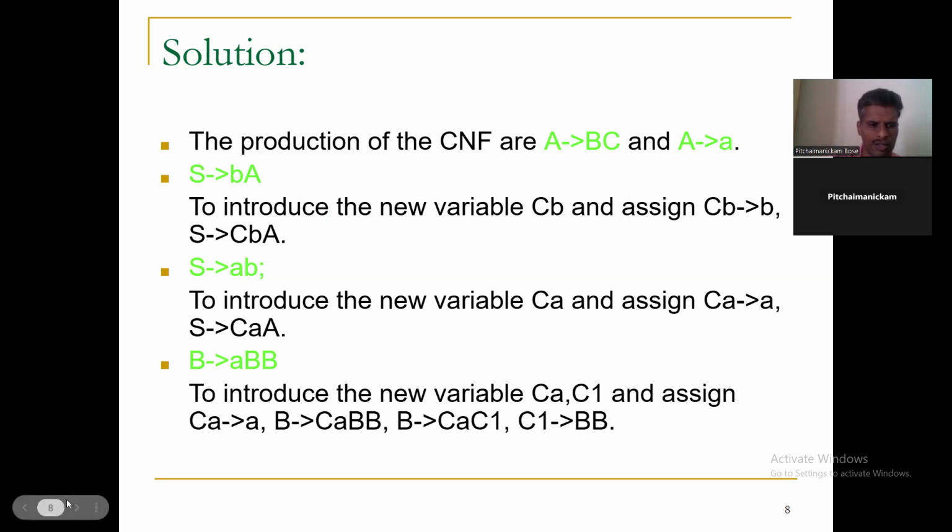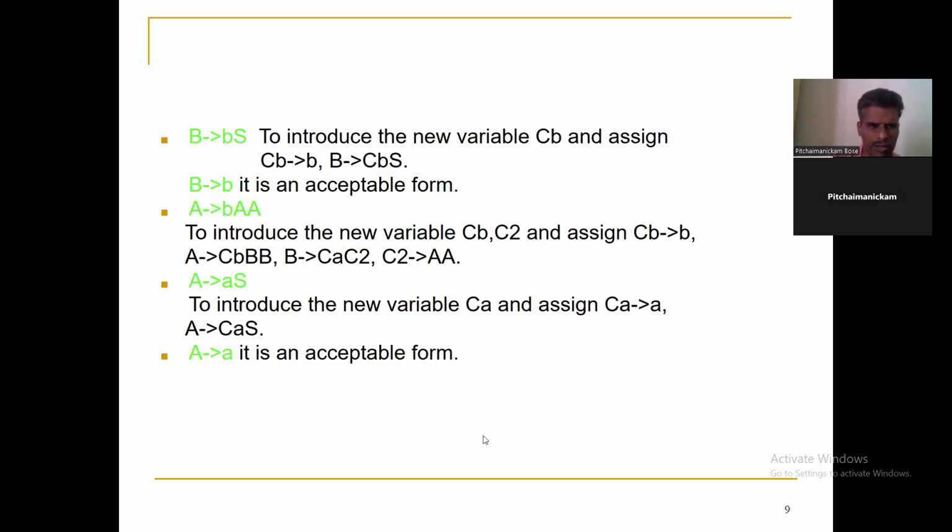So introduce the new variable Ca, where Ca derives a. Then introduce another new variable C1 with C1 derives BB, so B derives Ca C1. Note it down. Next, B derives b S: introduce a new variable Cb with Cb derives b, which is an acceptable form.